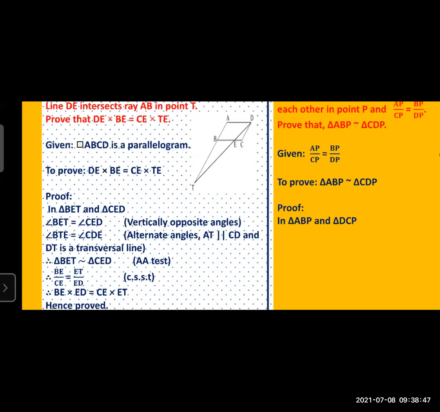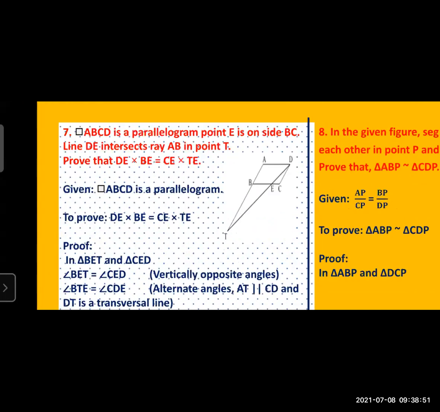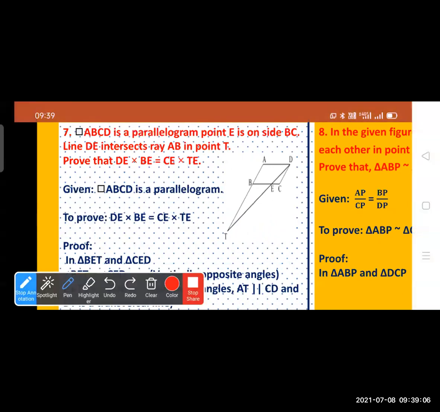Let me read the question. Quadrilateral ABCD is a parallelogram and point E is on the side BC. DE intersects ray AB at point T.